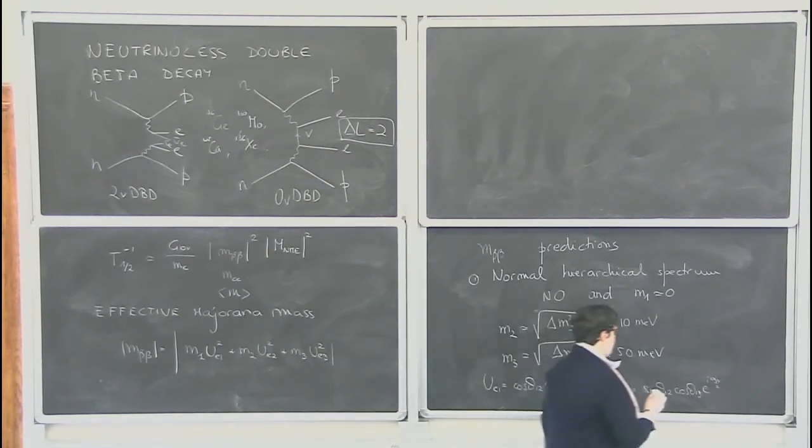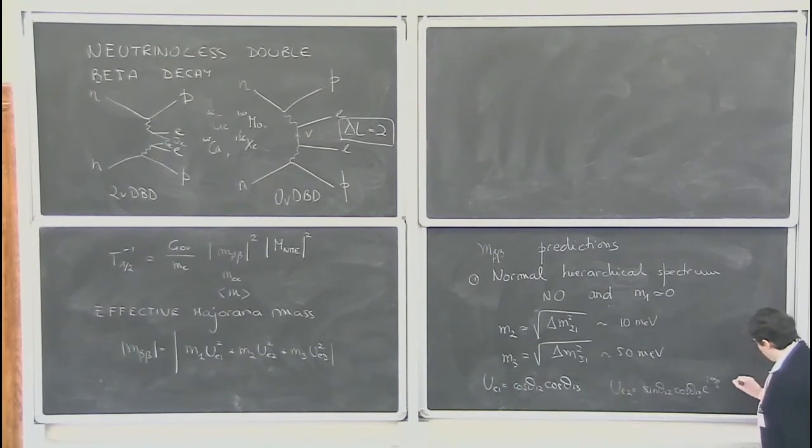And U_E3, right here, is sine theta 1,3, and then multiplied by a phase which I take to be e to the minus i delta plus alpha 3,1 over 2. This is the Dirac phase, this is the Majorana phase.